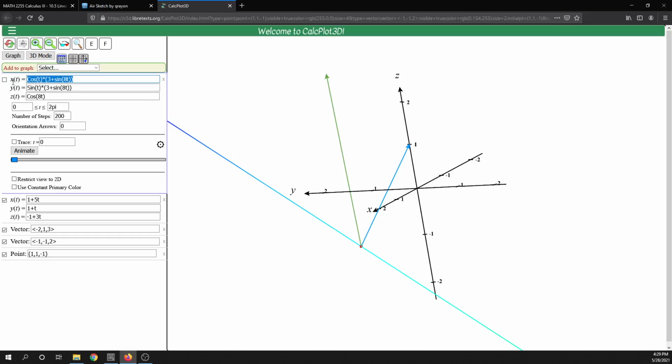So if I do 1 - 5t, 1 - t, and -1 - 3t, and let's just do t from -10 to 10.